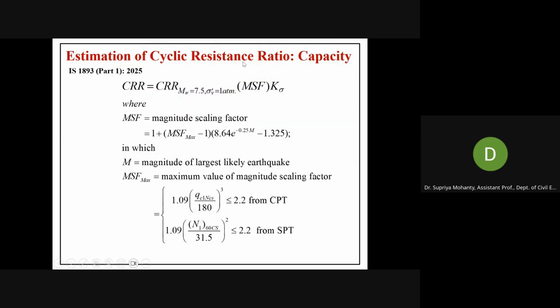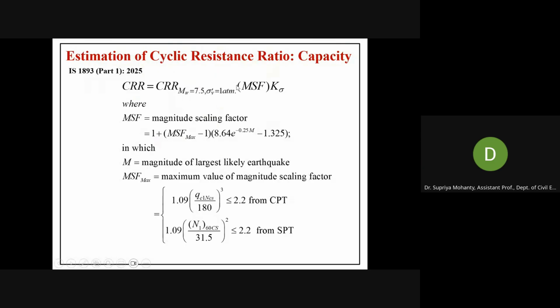Then coming to the cyclic resistance ratio, which is nothing but the capacity of the particular soil deposit against liquefaction. This capacity is calculated based on field geotechnical test results, that is SPT, CPT, VS and DMT. For this CRR, first we need to calculate the cyclic resistance ratio for an earthquake of magnitude 7.5, because the procedure mentioned in Wood et al. 2001 was for MW 7.5.